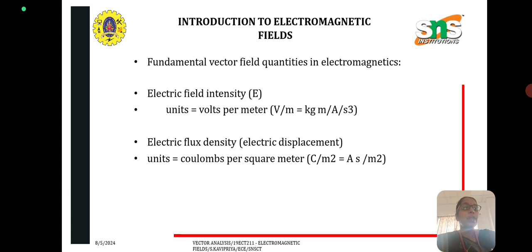The fundamental vector field quantities in electromagnetics are, first, electric field intensity, capital E. The unit is volts per meter. Electric flux density is represented as capital D. The unit is coulombs per square meter.